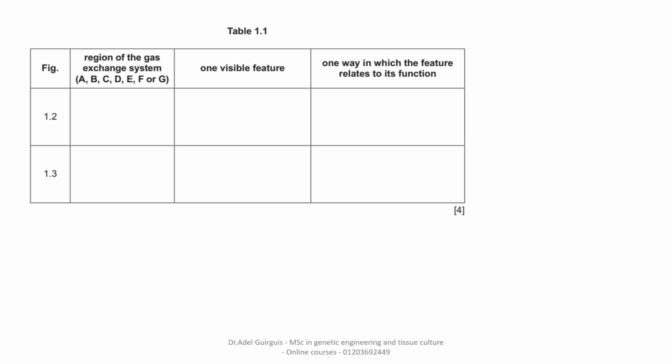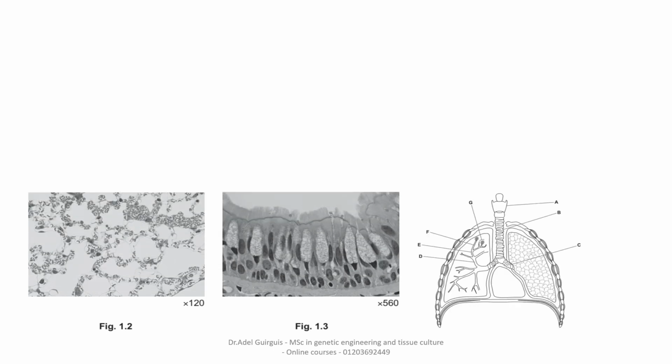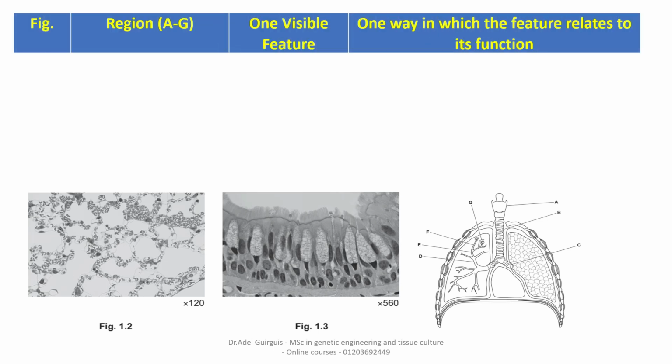The left column is the region of the gas exchange system, A to G, then 1 visible feature, then 1 way in which the feature relates to its function. Look here, figure 1.2 and figure 1.3, and figure 1.1 is the diagram again.